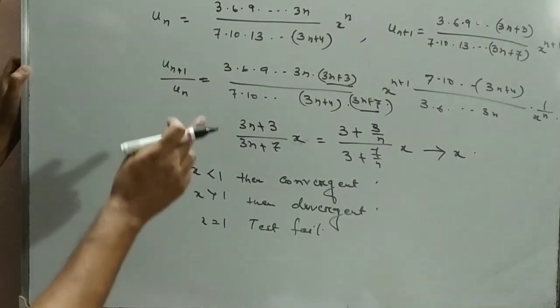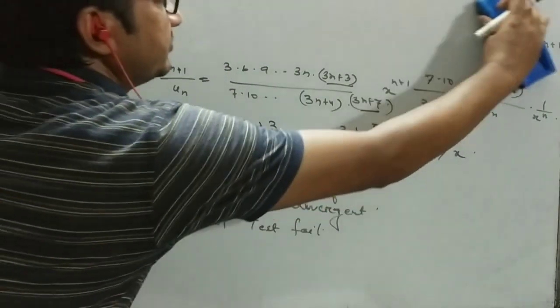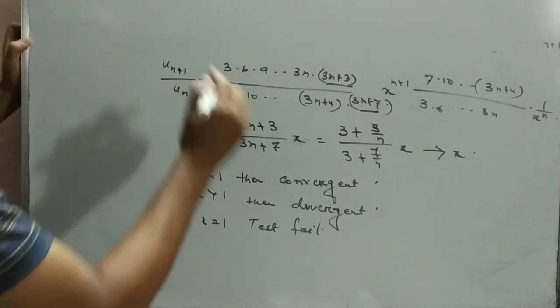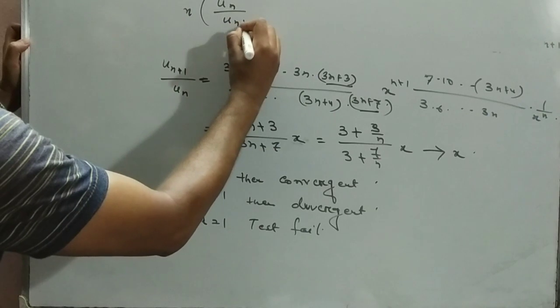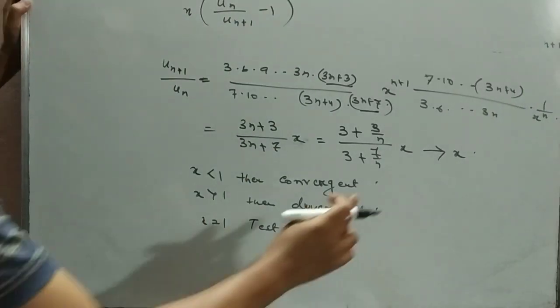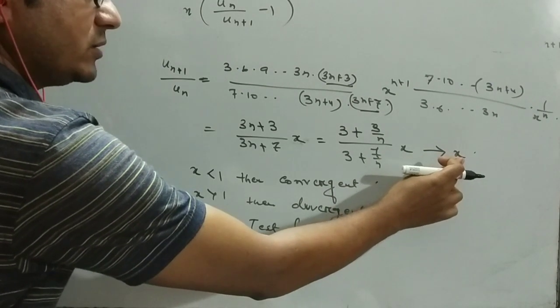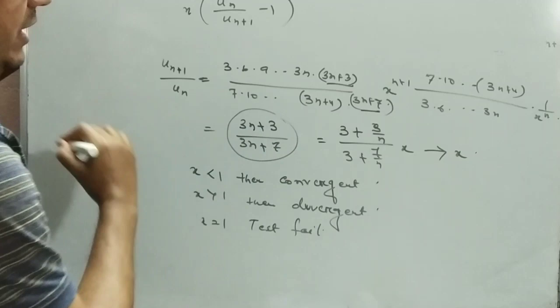Now we use Raabe's test for convergence. This test gives n into (un by un plus 1 minus 1). Here x is 1, so only this part is left.